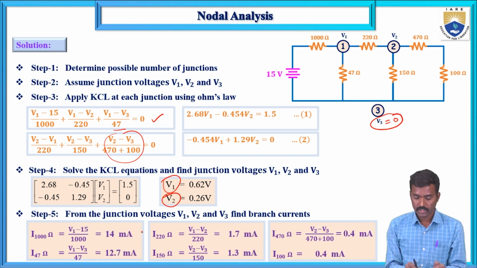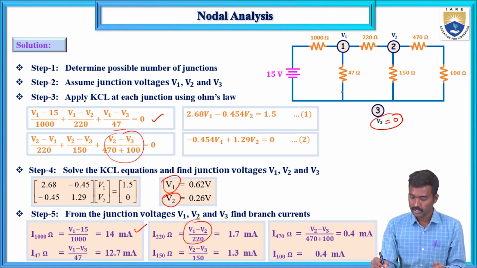So the 1000 ohm resistor current is (V1 minus 15) by 1000, V1 equals this one, and the 220 ohm resistor current is V1 minus V2, this one 1.7. Substitute this V1 and V2 in this, and (V1 minus V3) by 47, this one 12.7.